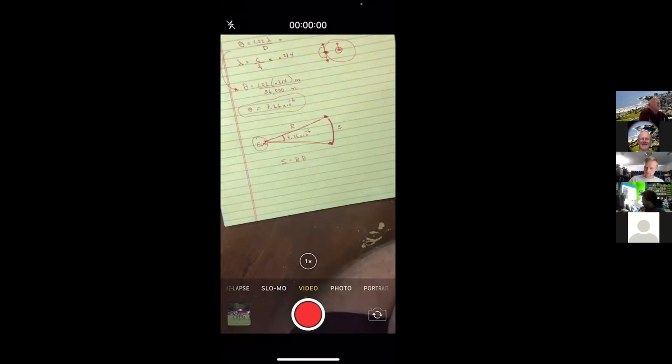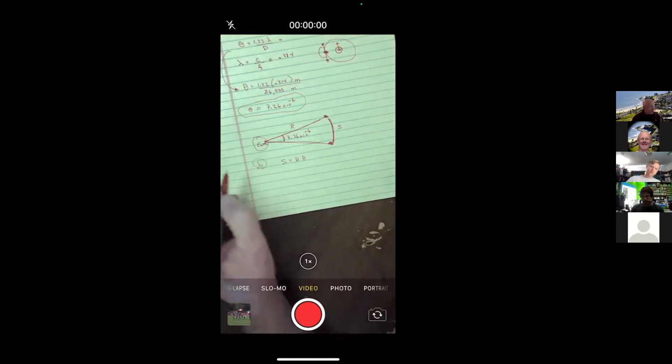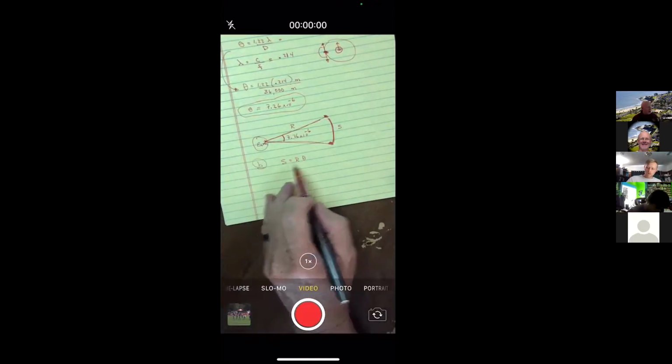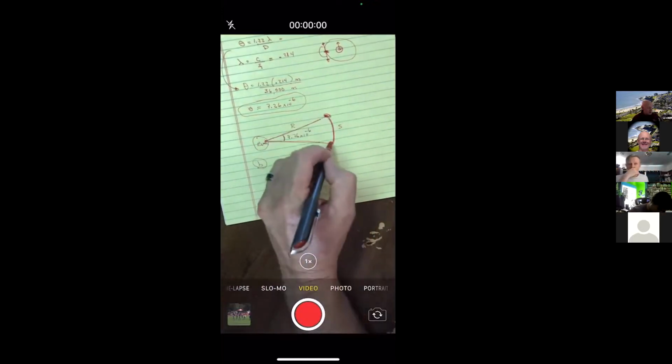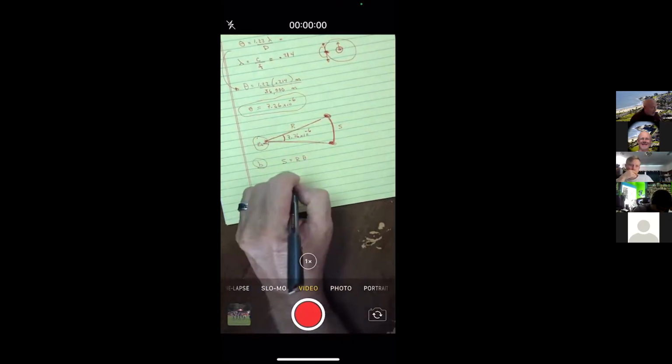What must be the separation distance of two clouds at the center of our galaxy, which is 26,000 light years away, if it's to be resolved? So this is what I started to do for B, saying, okay, how far apart are these two objects we want to detect, these two clouds of hydrogen gas?